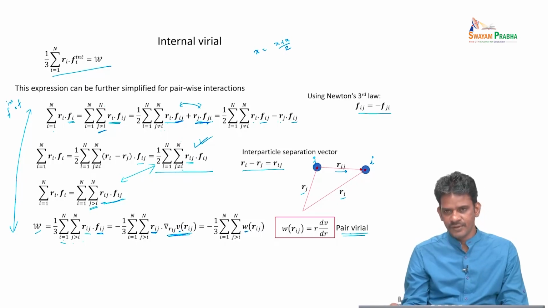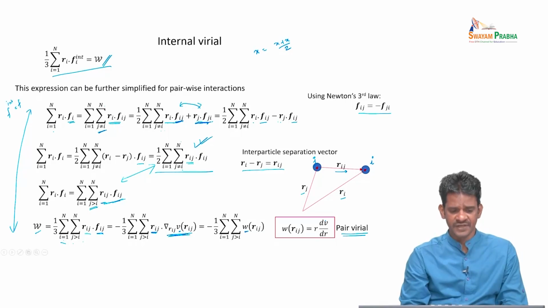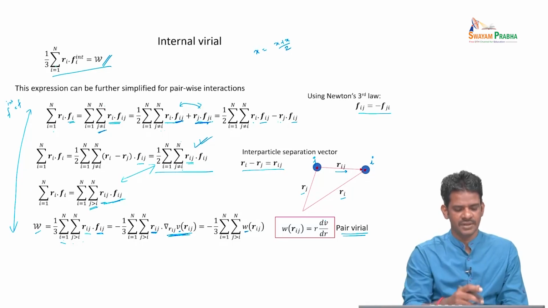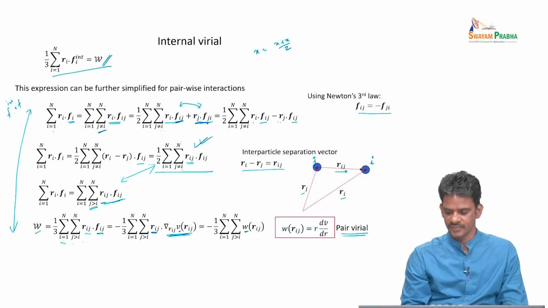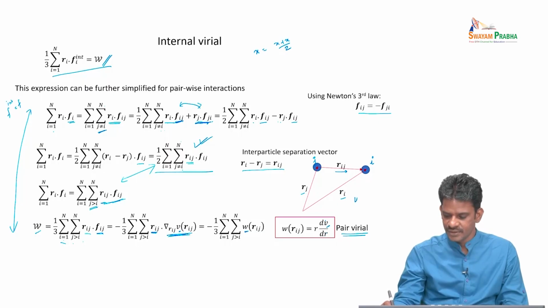So, with a small w, small w is a pair virial, which is nothing but r times dv by dr, which is a scalar, whereas this capital W is the internal virial, which is summed over all these pairs i and j. So, what we will be doing in our simulation is, once you know the functional form of the potential v with respect to r, something like Lennard-Jones, we write it like this.